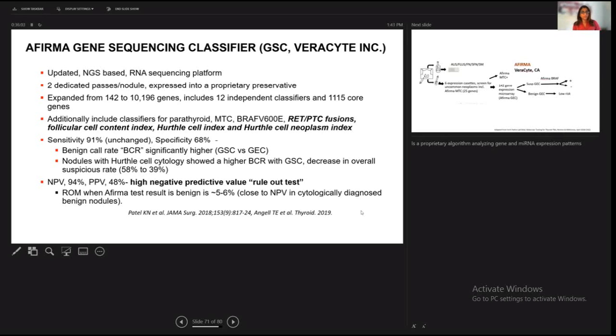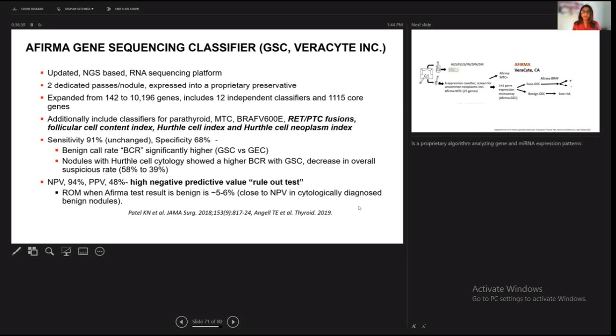Additionally, they're able to have classifiers to identify parathyroid, to identify medullary, and also RET PTC fusions. And they're also able to give a little bit more detail for Hürthle cell lesions by providing a Hürthle cell index and Hürthle cell neoplasm index, which helps you either tilt in favor of neoplasm or tilt in favor of benign. That was one of the fundamental flaws that people had with Afirma, that it was not helpful with Hürthle cell lesions. But the more recent Afirma testing does offer some solace to that.